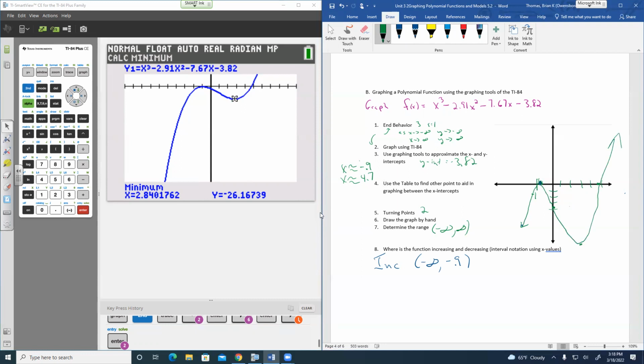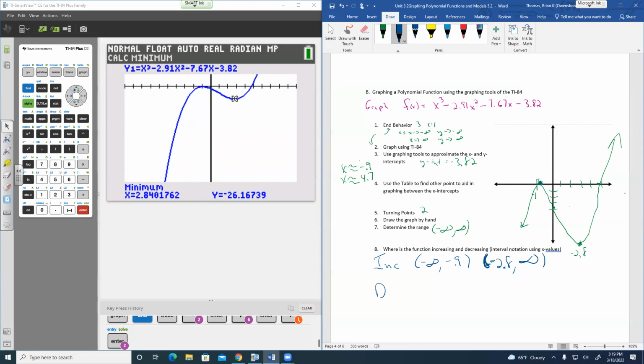So that's what my scale would be roughly. So this was around negative 2.8. So from negative 2.8 to positive infinity would be the other increasing interval.